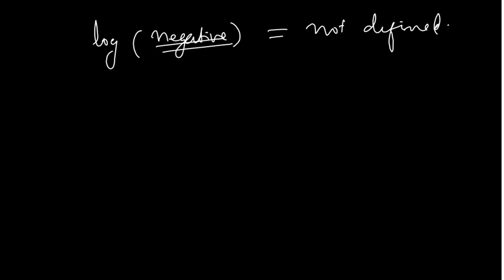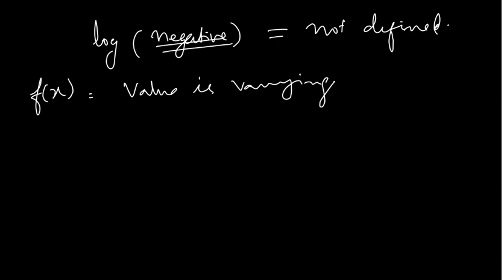When we say f of x, its value is varying, right? So if I say, for example, minus 2x, this is positive when x is negative, but it is negative when x is positive.